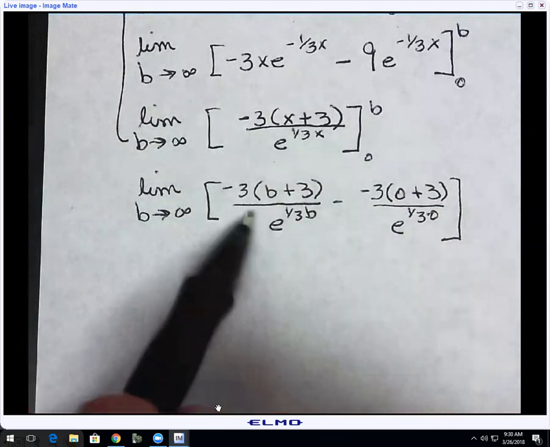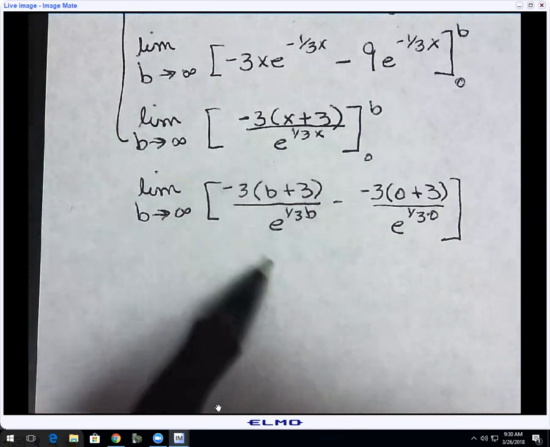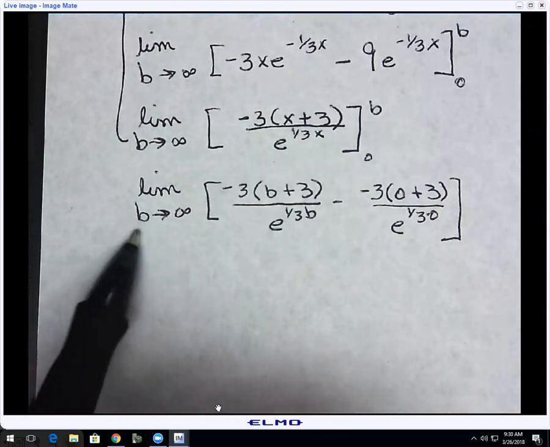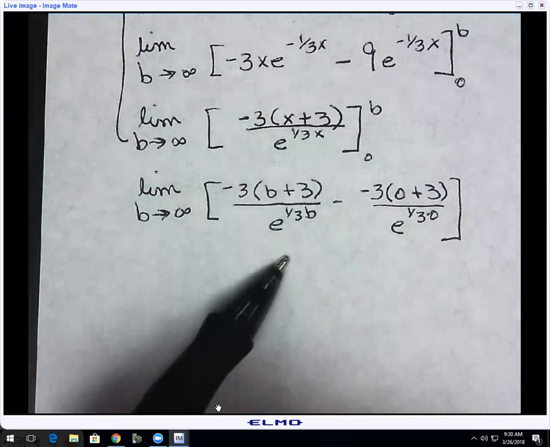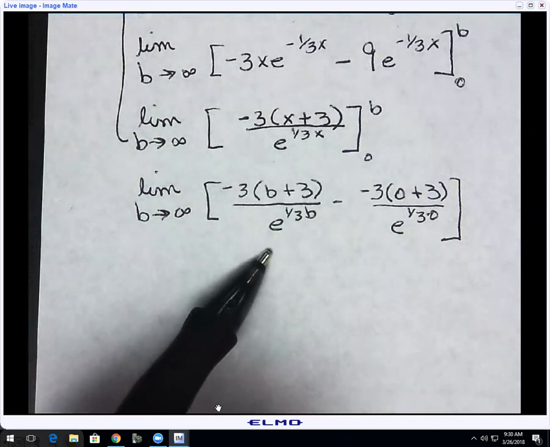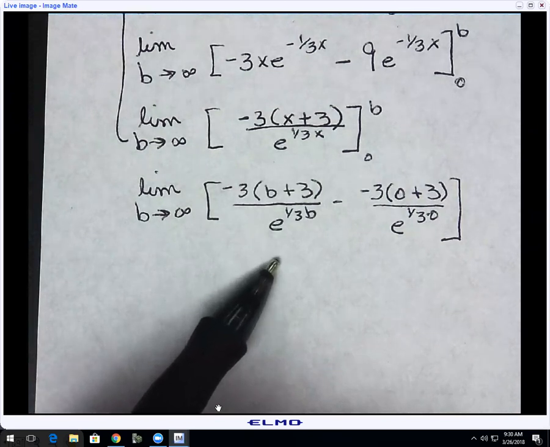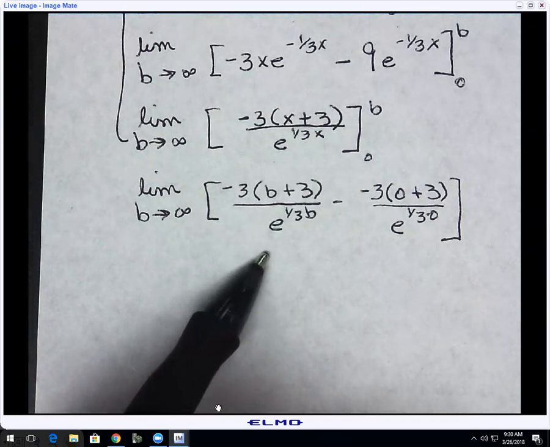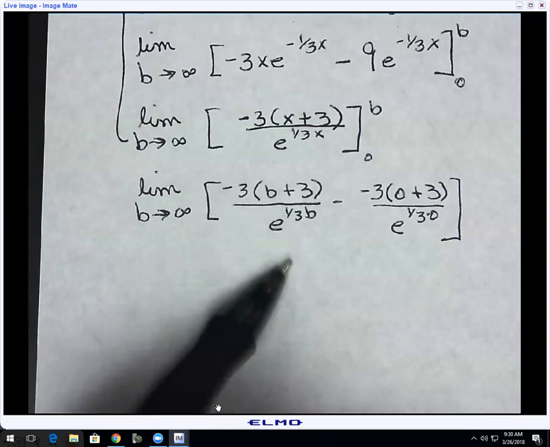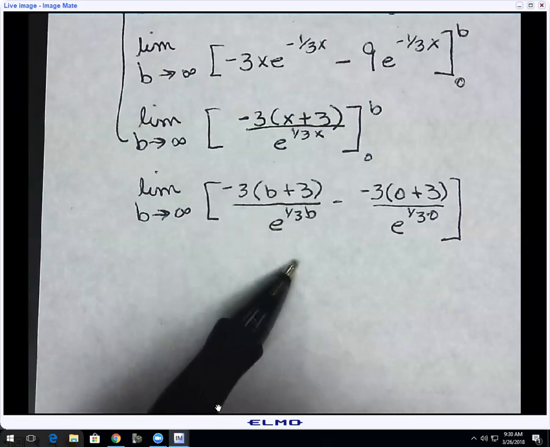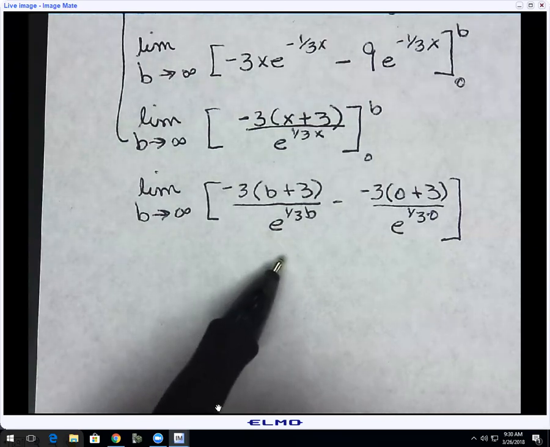What do we get if we try to do direct substitution with b as infinity right here? Which makes you think what? L'Hopital. Whenever we have infinity over infinity, that's one of the 2 forms that we can use L'Hopital's rule on.